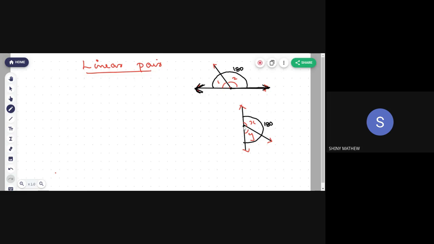Here also, they are opposite rays. Or otherwise you can say they form a straight line. A linear pair is a pair of adjacent angles whose non-common arms are opposite rays.